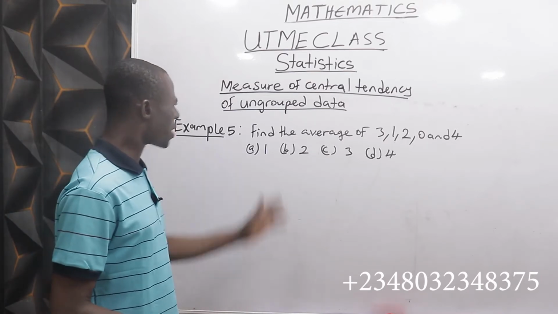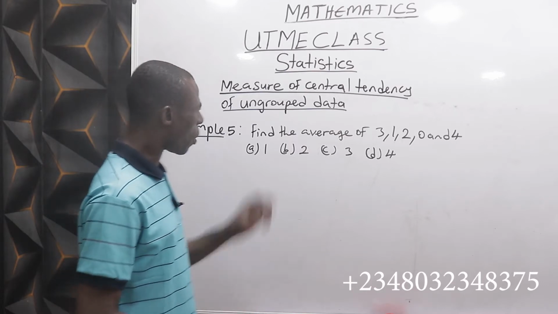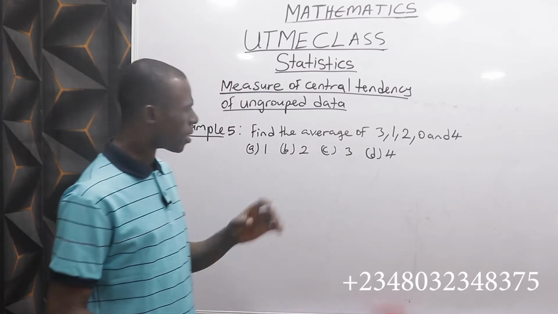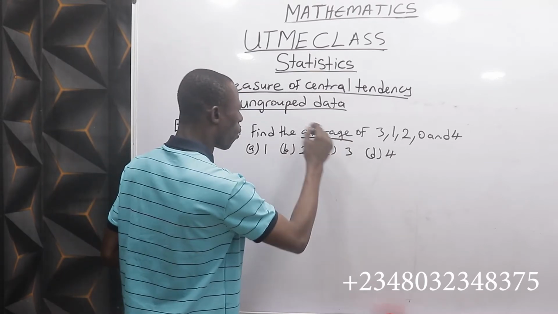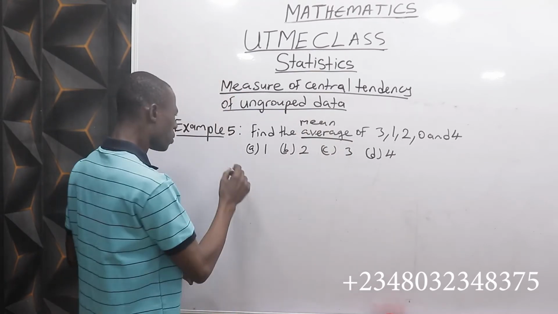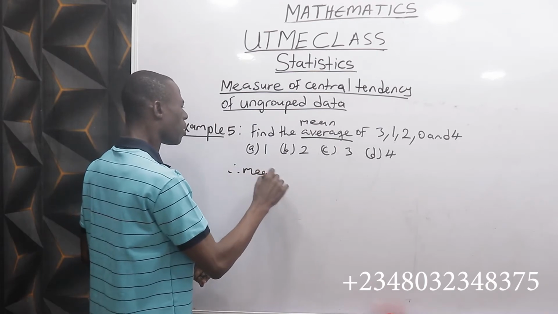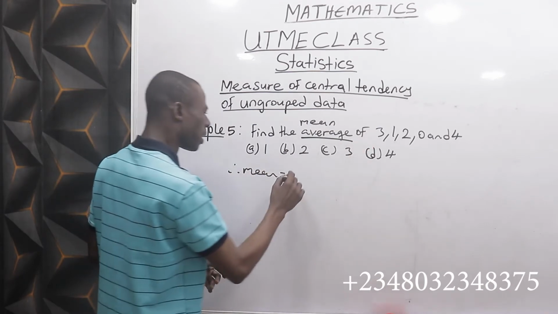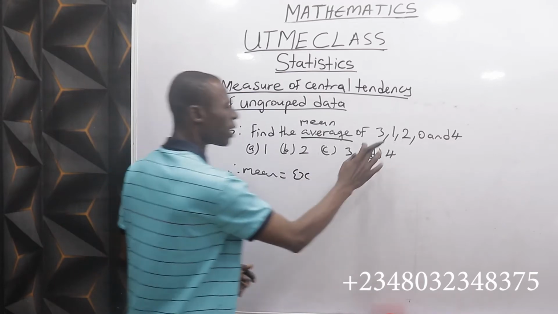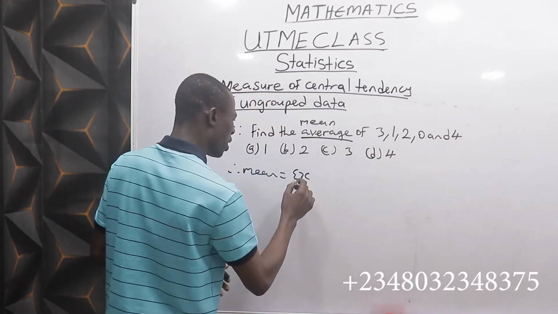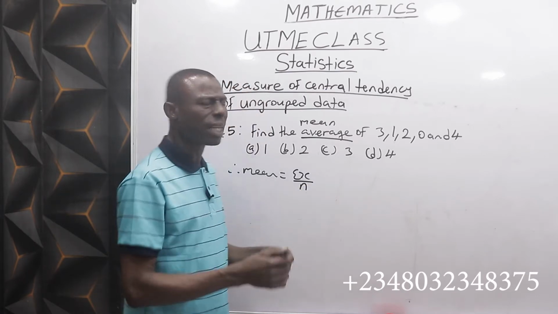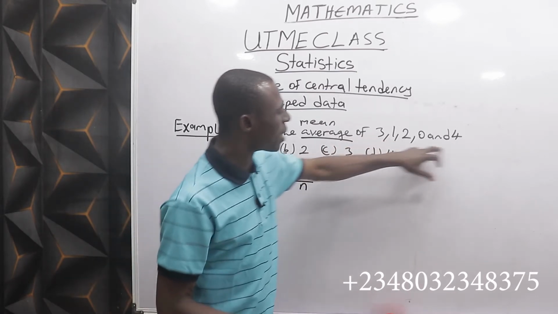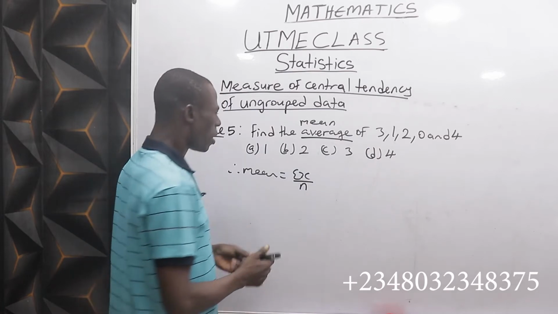Example 5. Find the average of 3, 1, 2, 0, and 4. Average is another word for mean. So the mean of this kind of data is summation x divided by n, where n represents the number of items in the data.